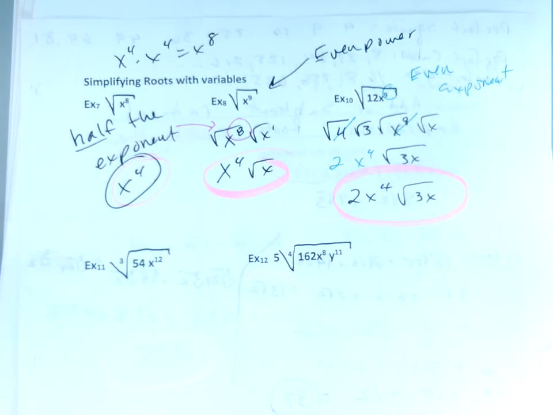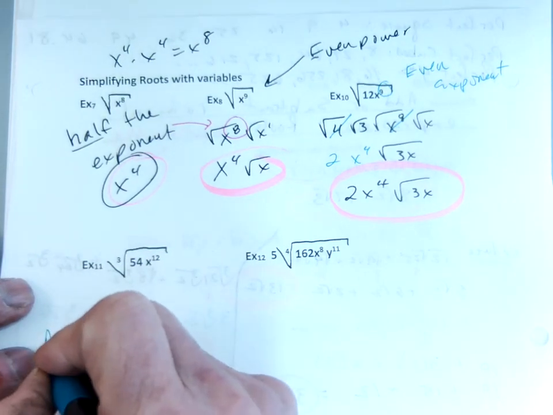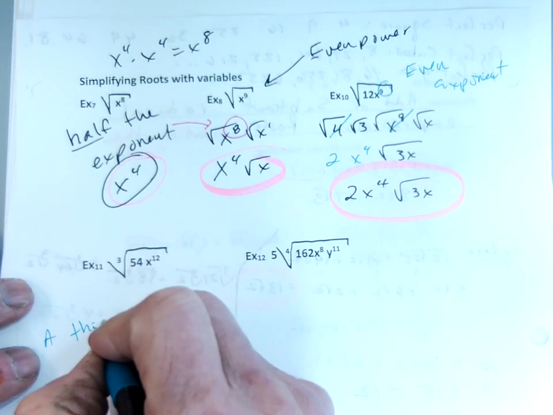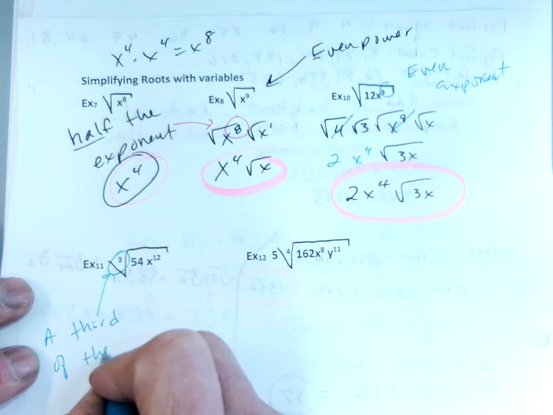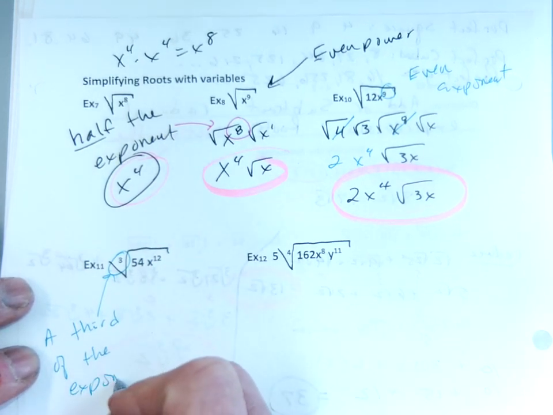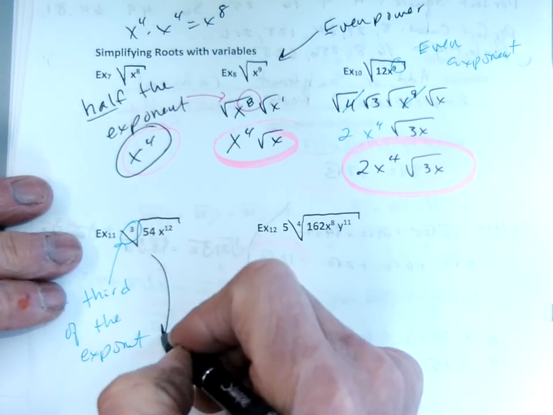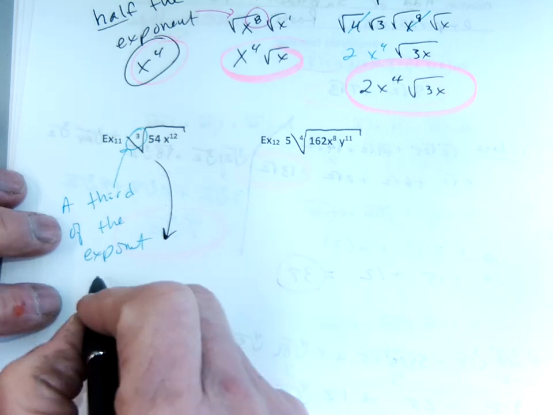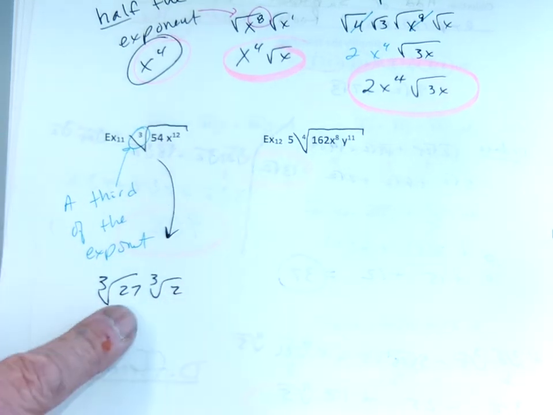Now, cube roots. We want to take a third of the exponent. Now 54 I can break down. Let's write it down here. 54 is cube root 27 cube root of 2, because I can still reduce this.